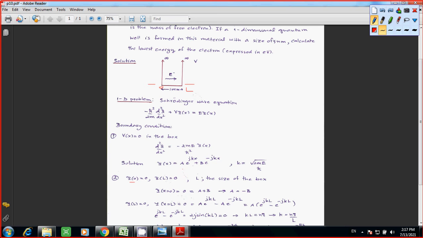So just apply the boundary condition to the wave function. You end up with 0 equal to a plus b, or a equal to negative b.